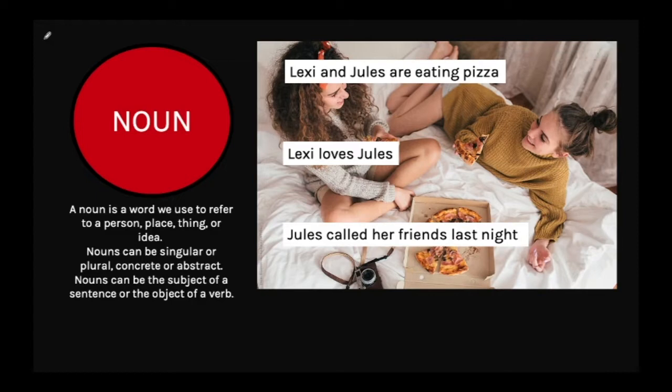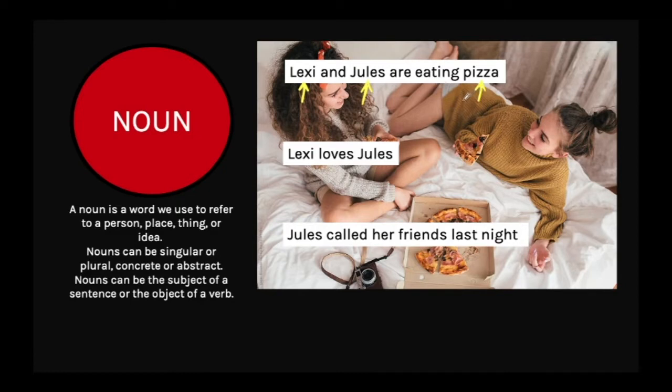And nouns can be the subject of a sentence or the object of a verb. For example, we have three sentences here describing what is happening in the picture. Lexi and Jules are eating pizza. In this case, the nouns are Lexi, Jules, and pizza. The subject of the sentence is Lexi and Jules, and the object of the verb is pizza.